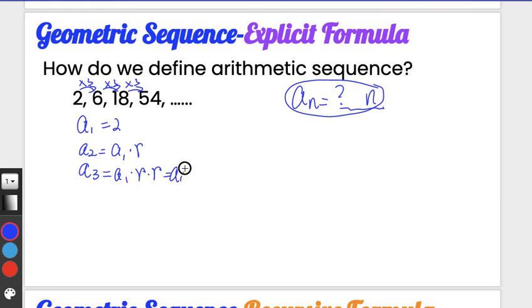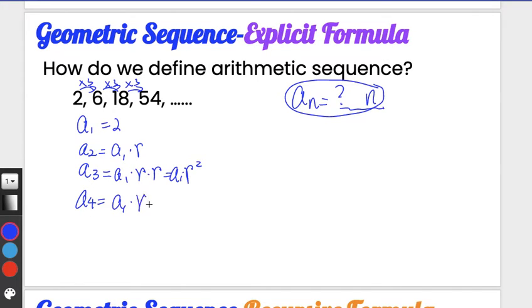So this time I need to multiply the common ratio twice, which is r squared. Next, in order to get the fourth term, as you can see, the pattern is that we need to focus on how to get any random term in the future from the first term.